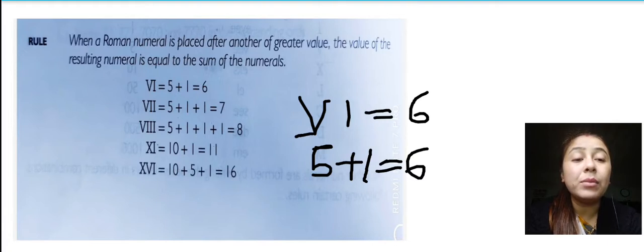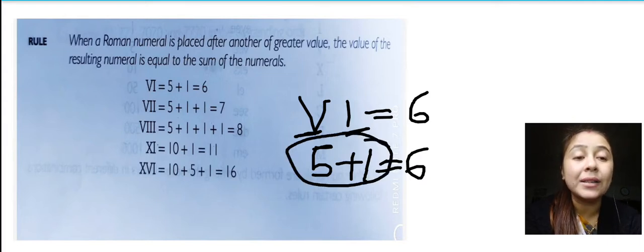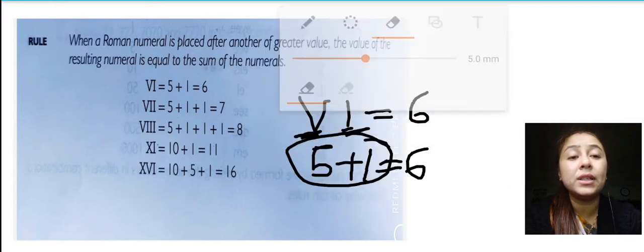If the greater value is written in front of the smaller value, you have to add. V is 5 and I is 1, V is greater than I, that is why we are adding. VI means 6. Hope this rule is clear to you all.